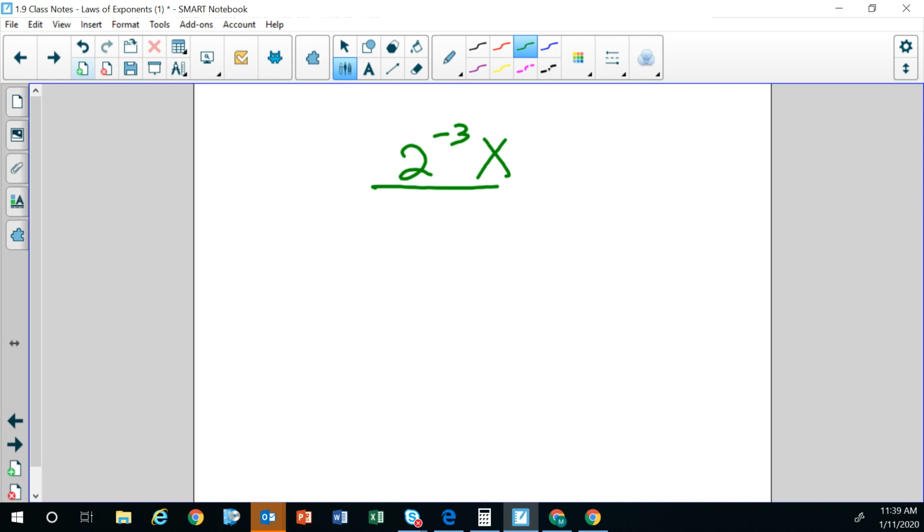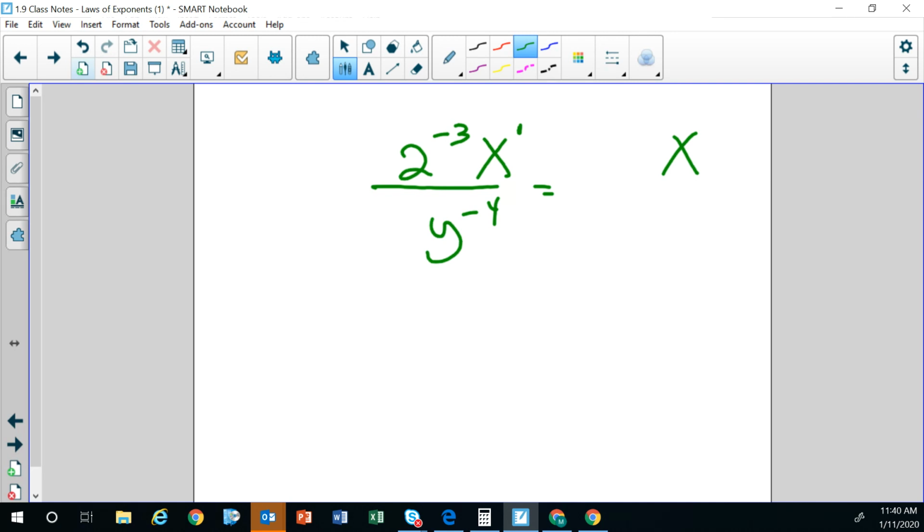I have an x there, and what if I have, let's say, a y to the negative 4? Okay? We know the x has no exponent showing, so it has a power of 1. So when we simplify this, the x stays in place. It does not go anywhere because it has a positive power of 1.